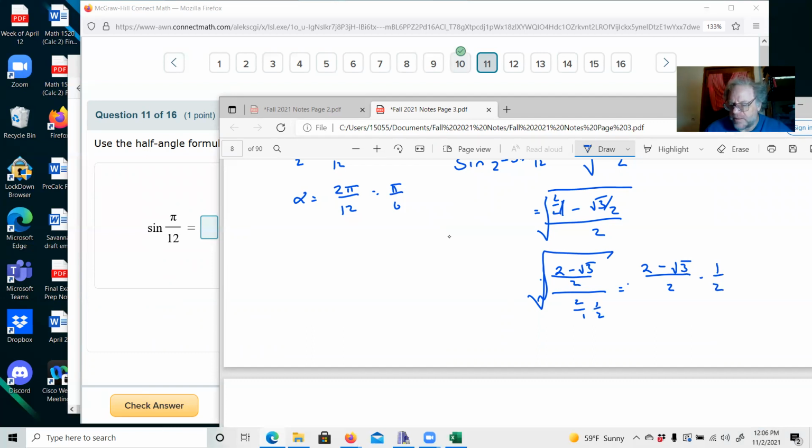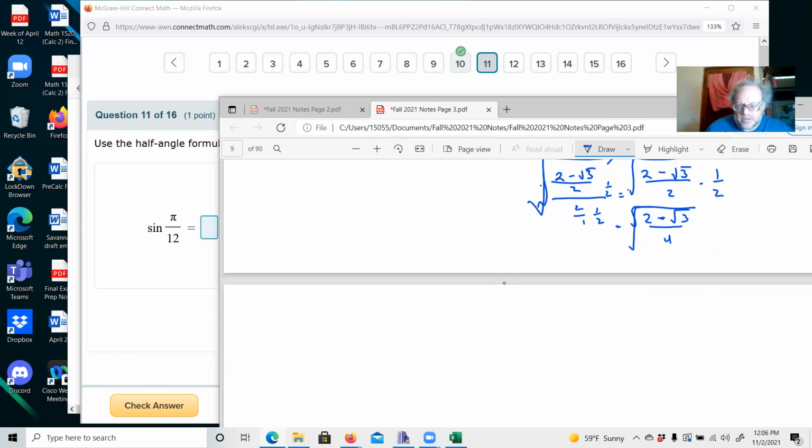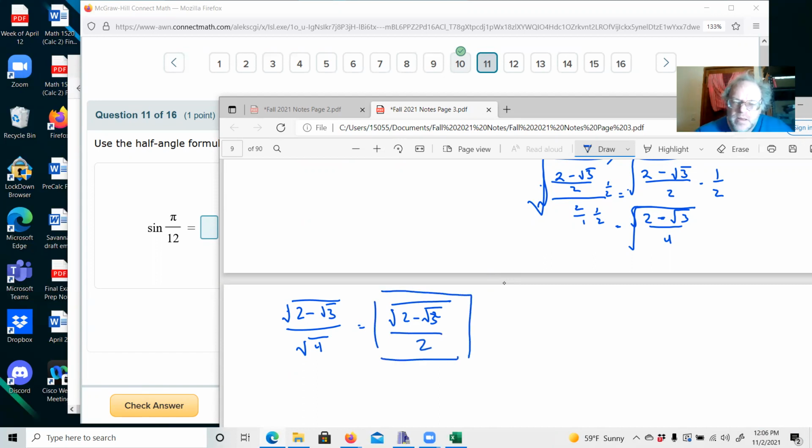Because that's how we deal with that square root. So this is 2 minus root 3 over 2 times 2, which is 4. And we get the square root of 2 minus square root of 3 divided by the square root of 4. So this is the square root of 2 minus square root of 3, all over 2. And that's our answer for this one.